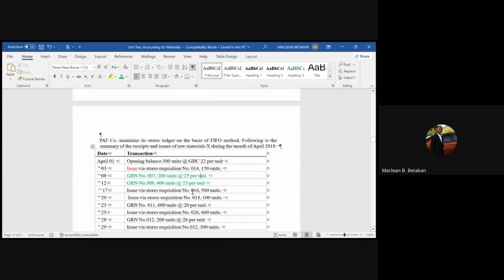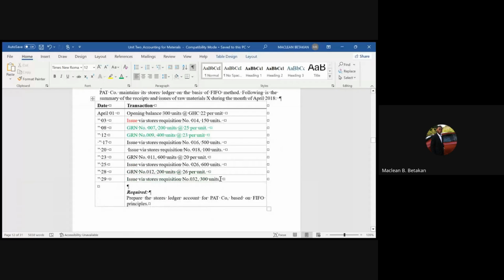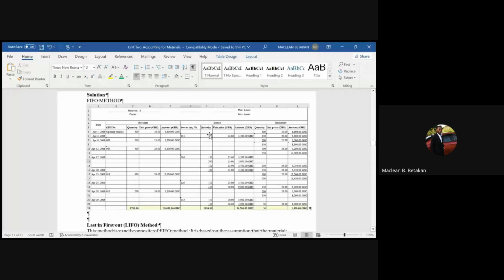So since we are using the FIFO method, which price are we going to use to value the 150? We are going to value it at the opening balance price, 22, since that is the only stock we have. So we have 150 times 22, we get 3,300.